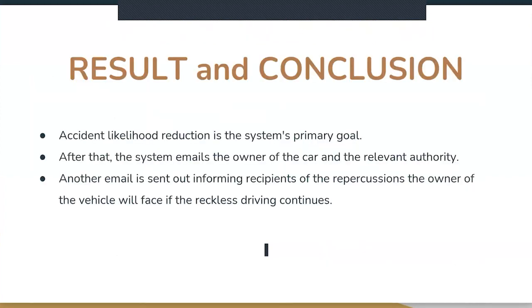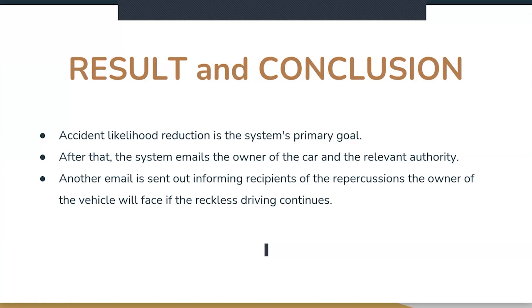The result and conclusion of our project is that we need to prevent or minimize accidents, and that's the primary goal. The next is that if an accident has happened, we need to inform the victim's family.